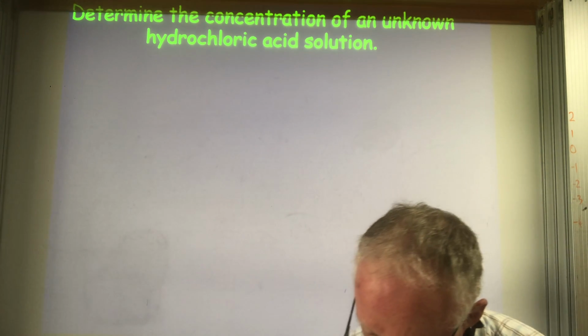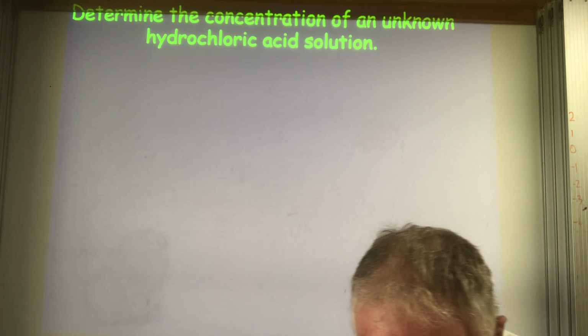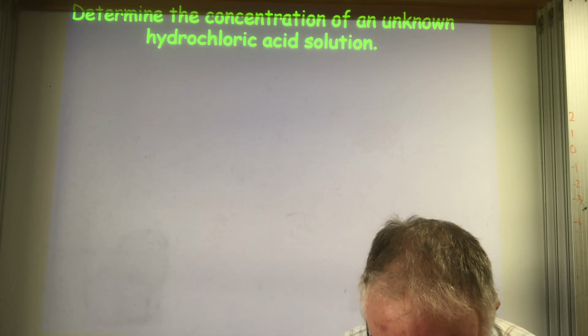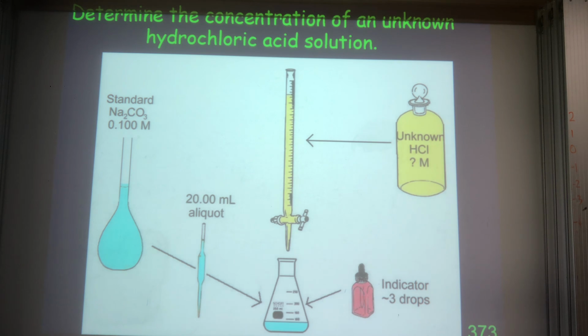Okay, so let's go through it. Now, this is the standard setup for a titration. So if you've got HCl solution that you don't know the concentration of, you're going to put that HCl into the burette.